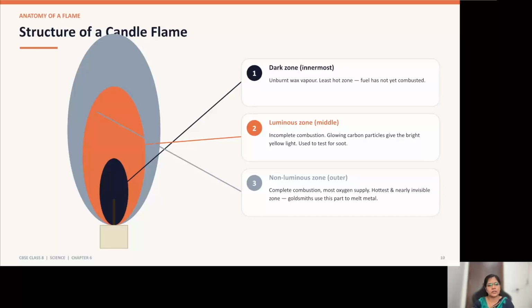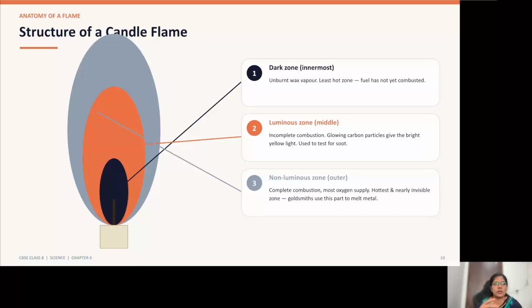Unburnt carbon particles heat up and glow, producing the flame's familiar bright yellow light. This is moderately hot, and this is the zone that deposits soot on a cold plate held in the flame.